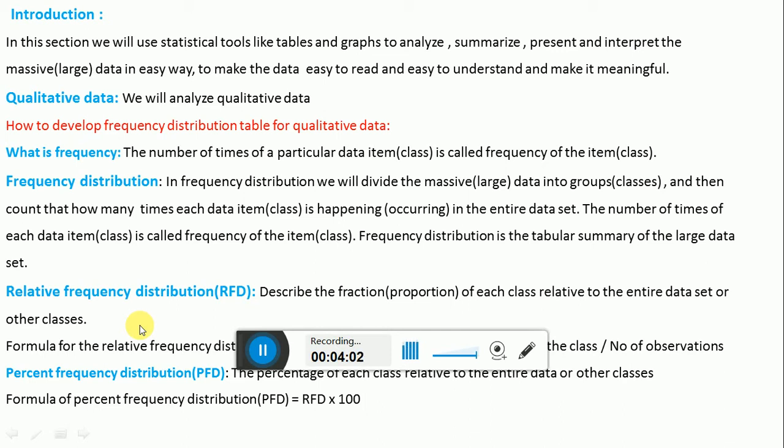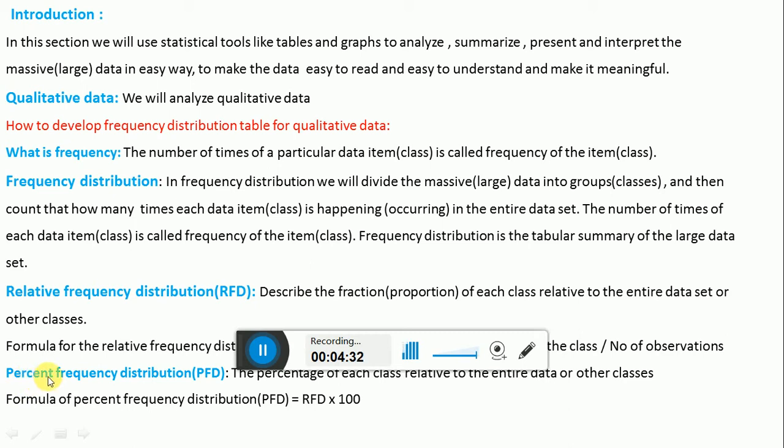Formulation: how can a statistician compute the RFD? Relative frequency is equal to the frequency of the particular class divided by the total number of observations. With this formulation, a statistician can calculate the relative frequency for a particular class or data item.